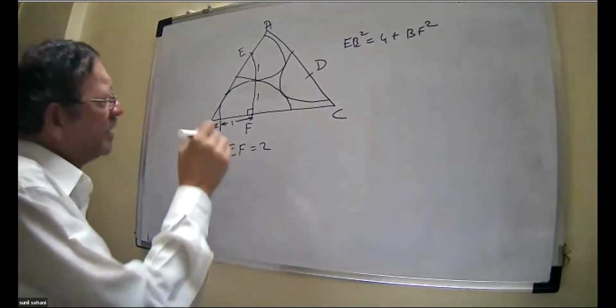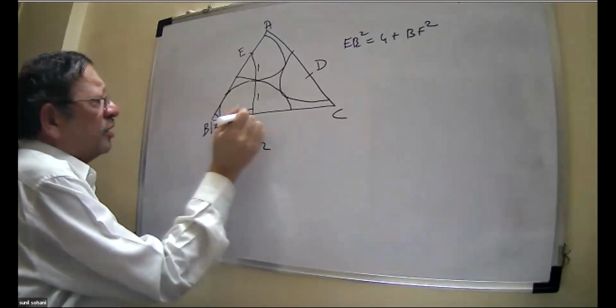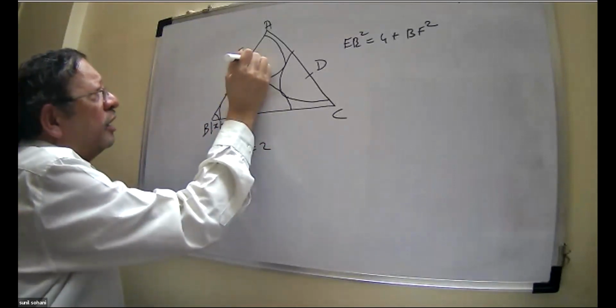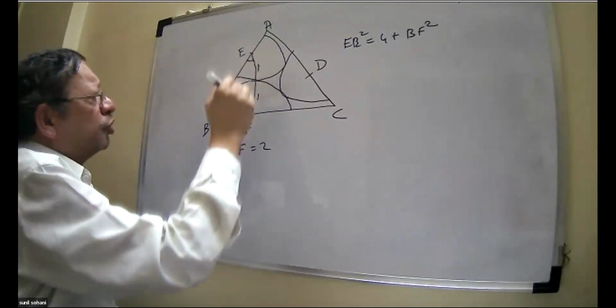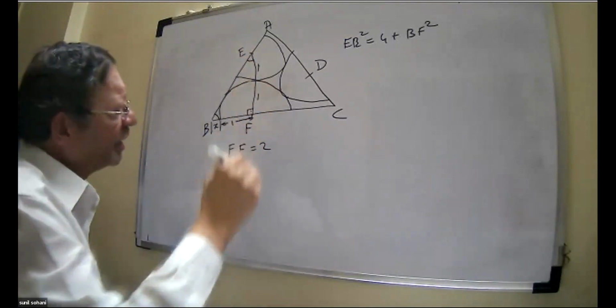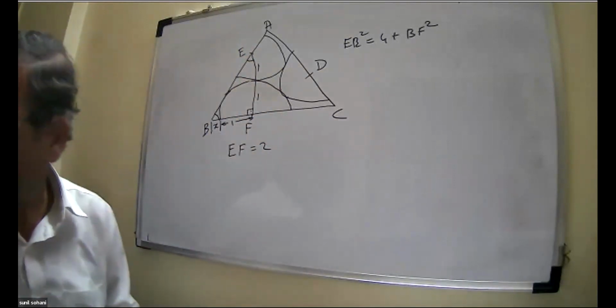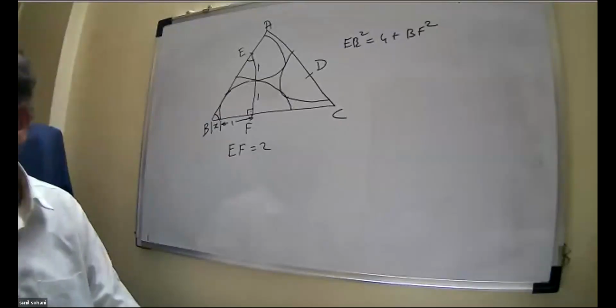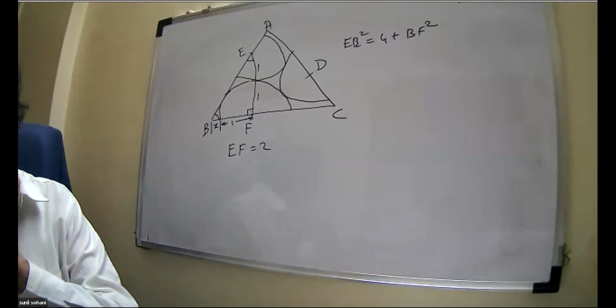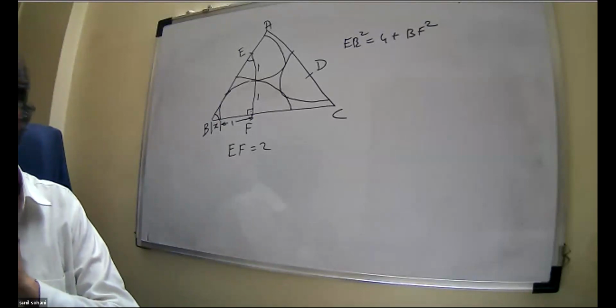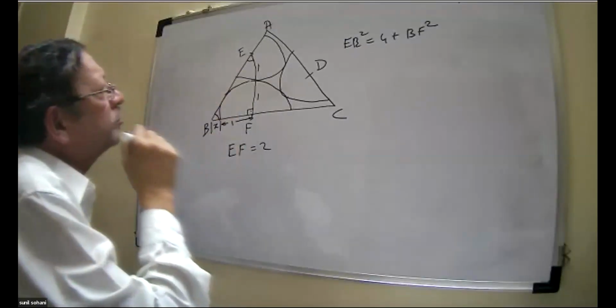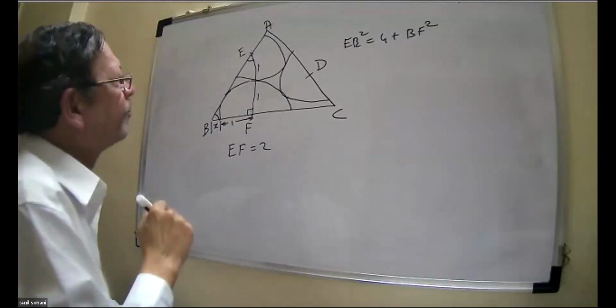Someone is saying, sir, this is 60, this is 90, so this is 30. The side opposite to 30 is going to be half of this. Yes, sir, so from that, BF will be 1. No, half of EB, but we don't know EB right now. Still there is a problem.